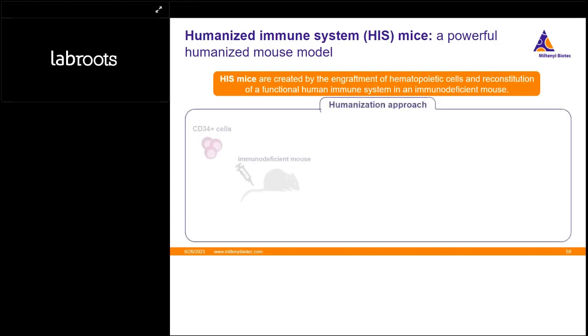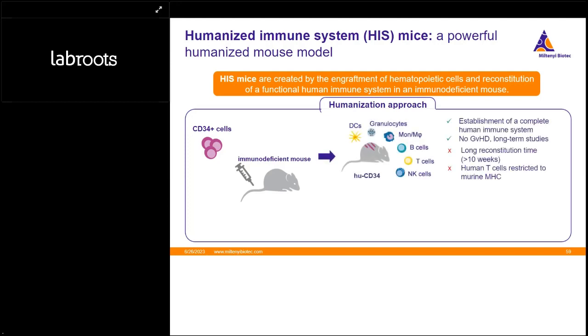The idea is very simple. You can inject CD34 positive hematopoietic stem cells into an immunodeficient mouse, and then use those stem cells to hopefully develop the whole immune system in the blood of those mice. This is typically a very long protocol that will last more than 10 weeks, and it will also have a T cell restriction in terms of the murine MHC, of course.